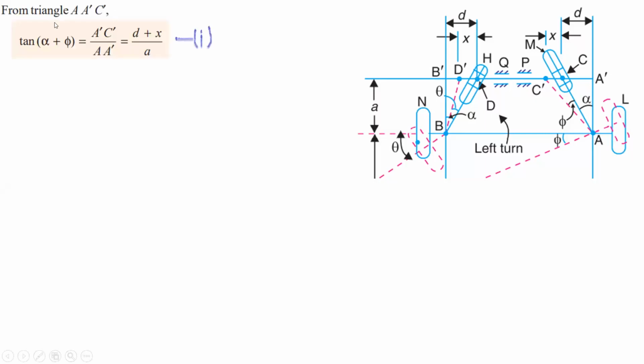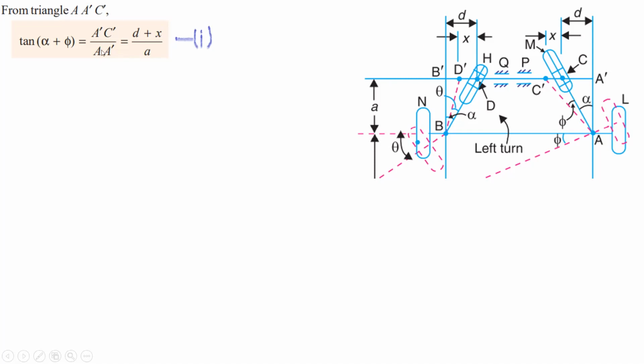So let us first consider triangle A dash C dash. A dash and C dash, the changed position of point C. If you consider this triangle, you can write an equation for tan alpha plus phi. So tan alpha plus phi is equal to A dash C dash upon A dash A, right?